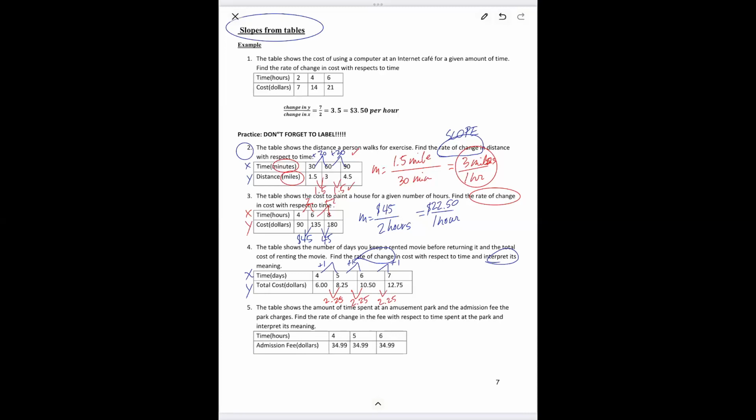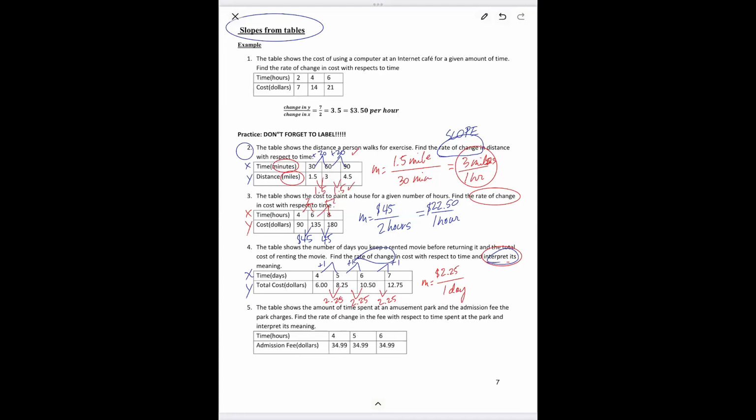So what that's saying is that the slope or the rate of change is $2.25 per 1 day. So basically what that means is it costs you $2.25 to rent a movie every day. So it costs $2.25 a day to rent a movie. That's what that means. That's the interpretation.